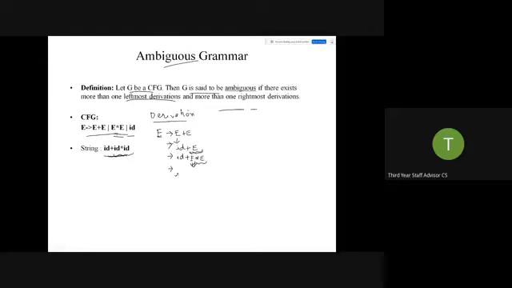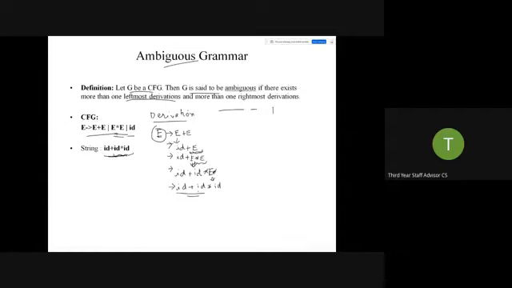So I will take ID plus ID star E. In the next step, I will replace this E with ID. So we will get ID plus ID star ID. This is how we are deriving the string ID plus ID star ID from the start symbol E. So this is one leftmost derivation.